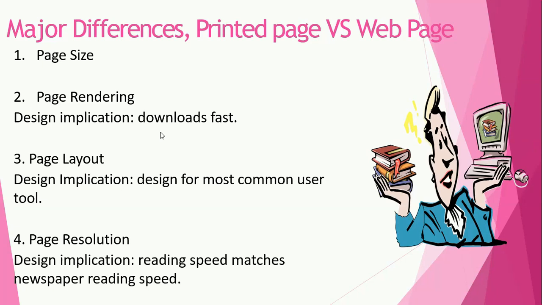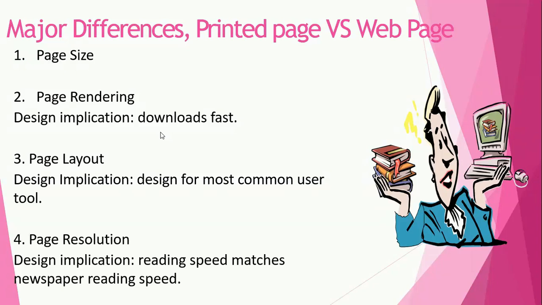So let us move on to the major differences between a printed page and a web page. First, let us take the point of page size. Here the printed pages are generally larger than their web counterparts.